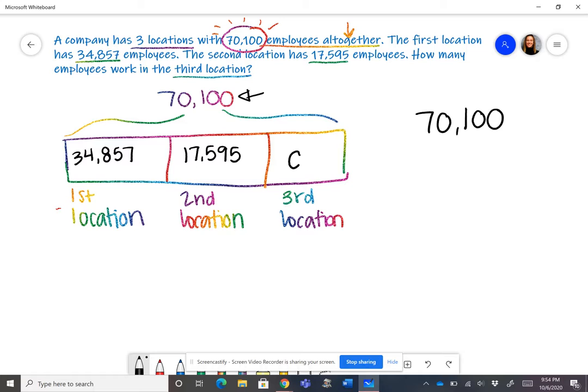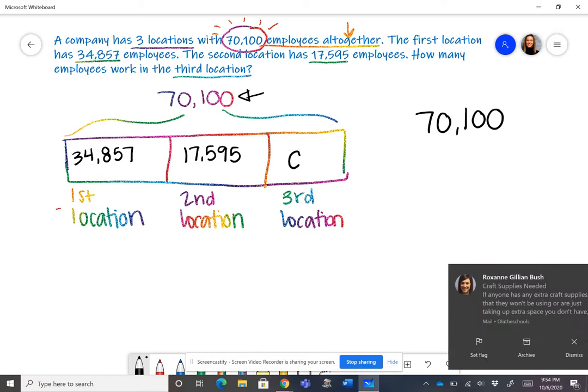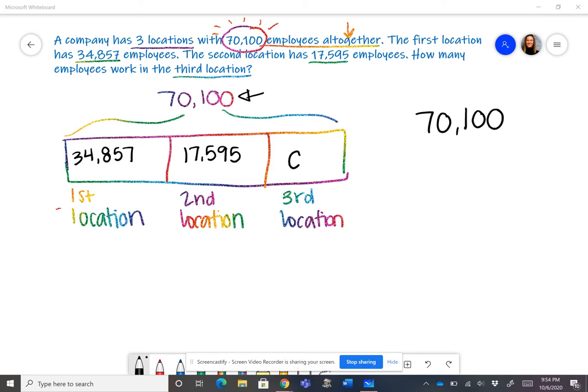I know how many is in my first location and second location. How would I solve that? If you said we could add them together and then subtract from our total, you were correct.